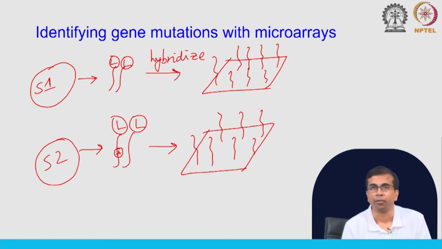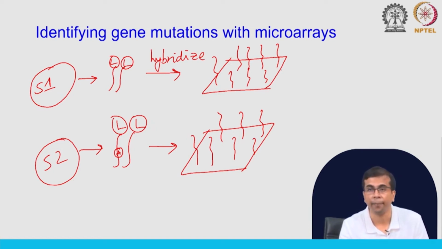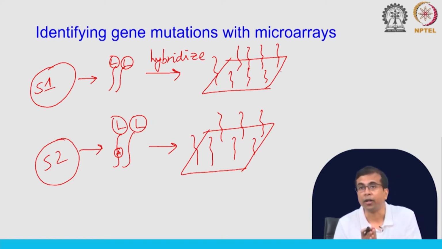Okay. So, what will happen is that since in sample 1, these DNA molecules are perfectly complementary to the DNA probes on the array, there will be strong hybridization, because there is perfect complementarity. So, this will give very strong signal.